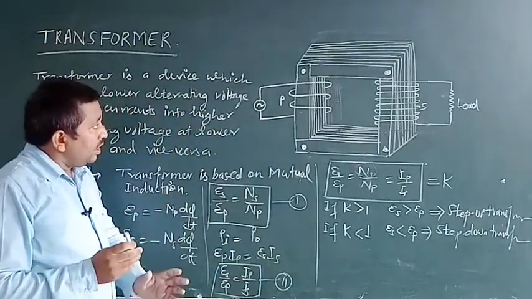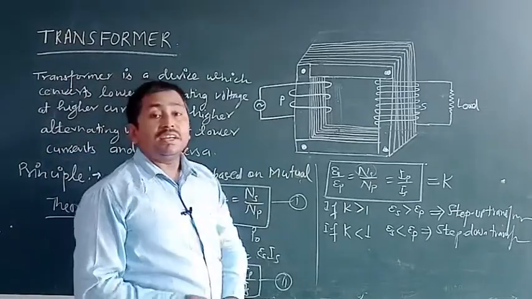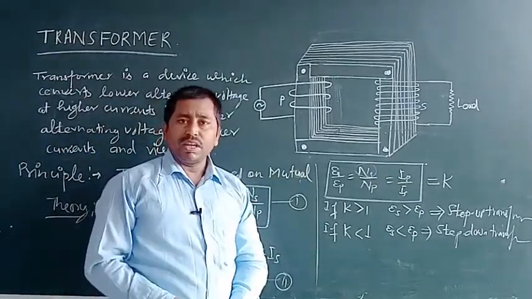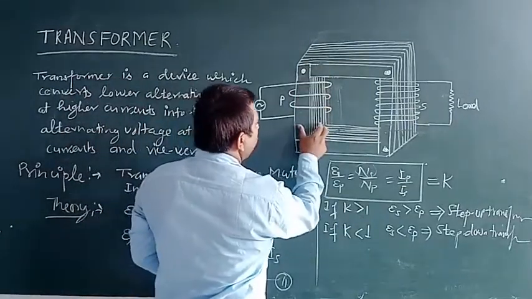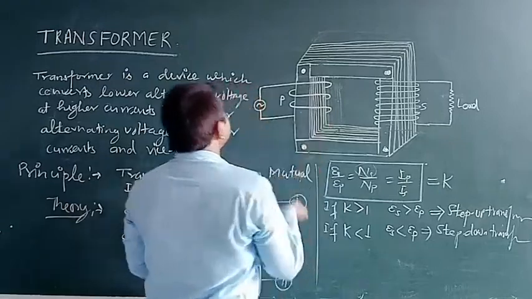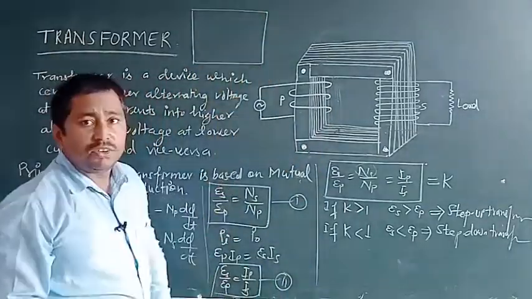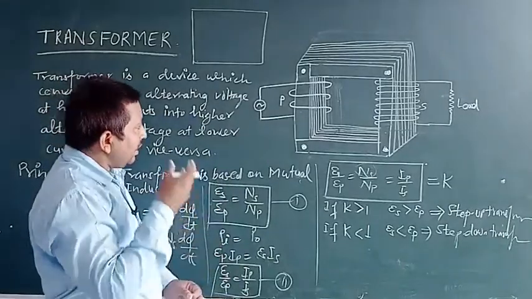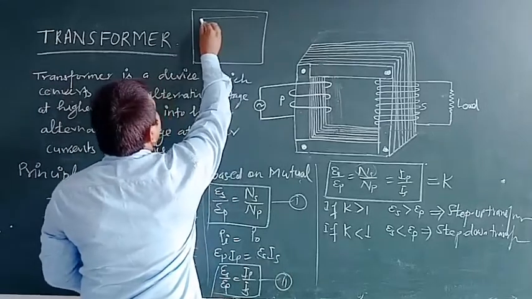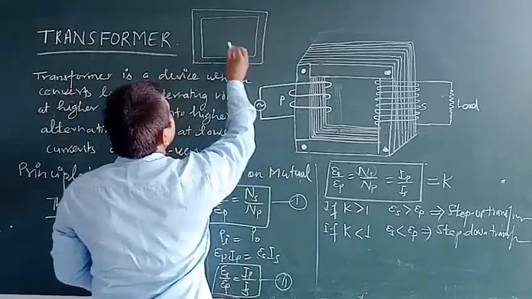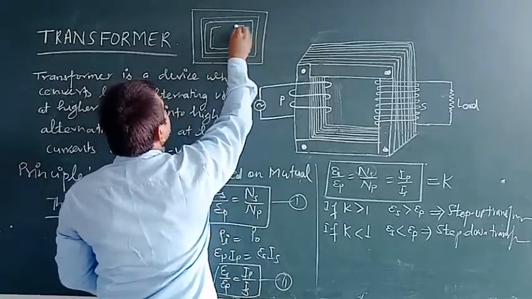Now, one major loss that occurs in this transformer is due to eddy currents. As we know, if we take this iron core as a thick metal, then there is a large amount of eddy currents, and those eddy currents lose energy in the form of heat, and the value of this current is very large.